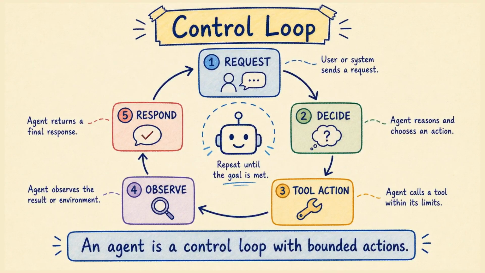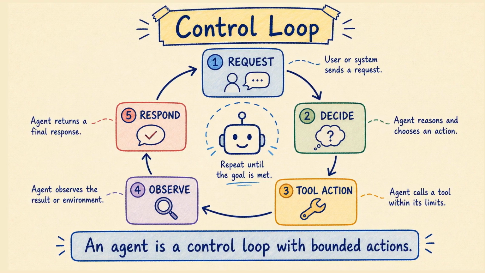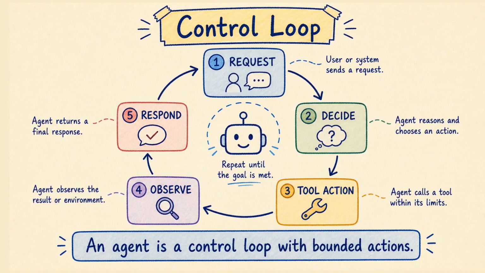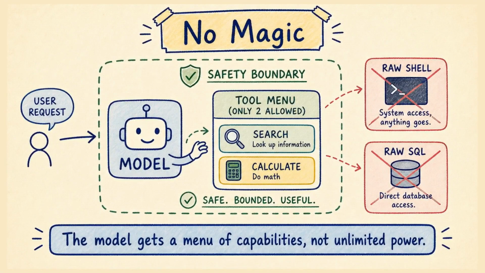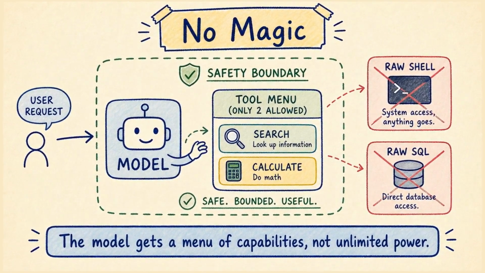At a practical level, an agent is just a control loop. It reads a request, decides whether it can answer directly or needs a tool, executes a bounded action, observes the result, and then formats the next step. Notice what is missing from that definition: magic. The model or rule engine does not get unrestricted power.